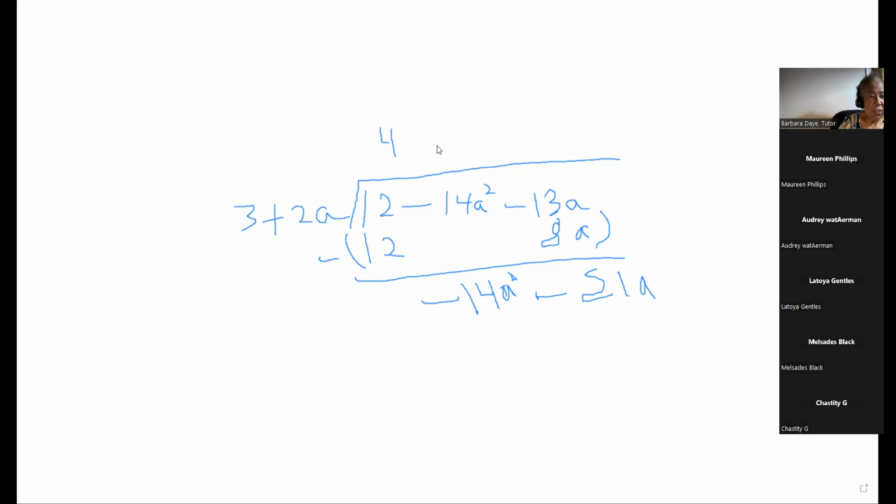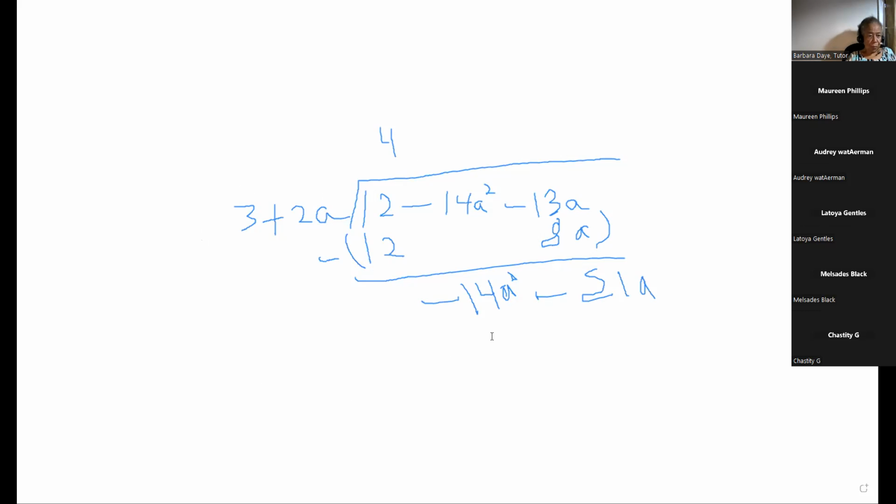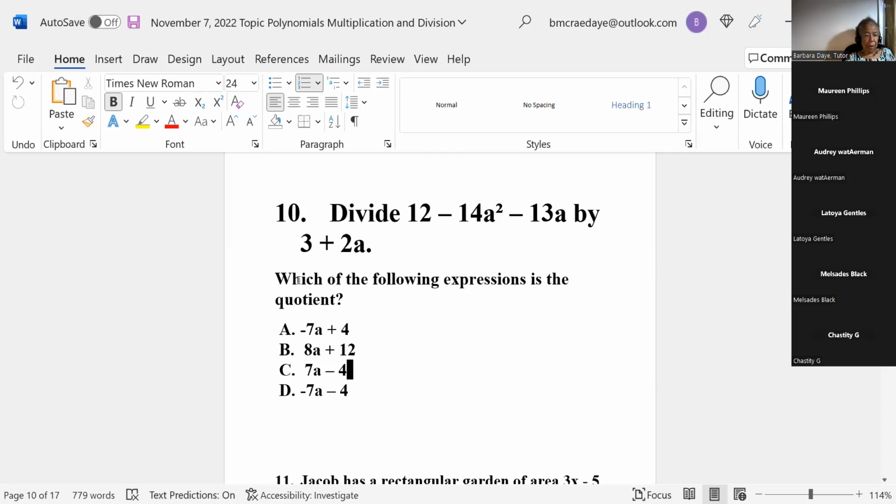Now, the long division, that's a way of doing it, but let's go back to the 3 plus 2a. What you want to do is find another term that multiplies by this to give you the 12 minus 14a squared. So which term would you use then?